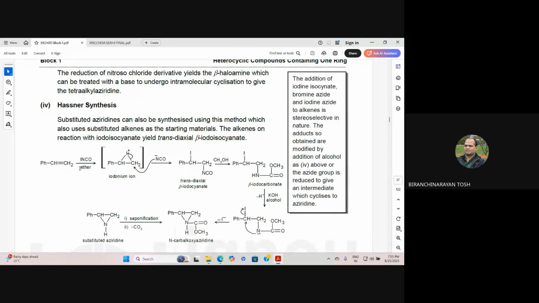When it reacts with styrene, it gives an iodonium ion.